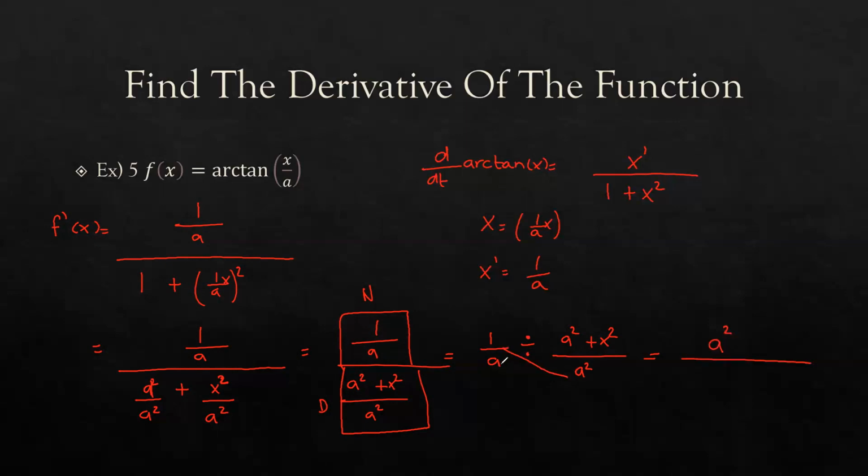And on the bottom, you'll have a times a squared plus x squared. I'm not going to FOIL it out; I'm just going to leave it like this. And then what do you see that cancels? A squared over a cancels; it just becomes a. So that's a over a squared plus x squared, and yeah, that is f prime of x.